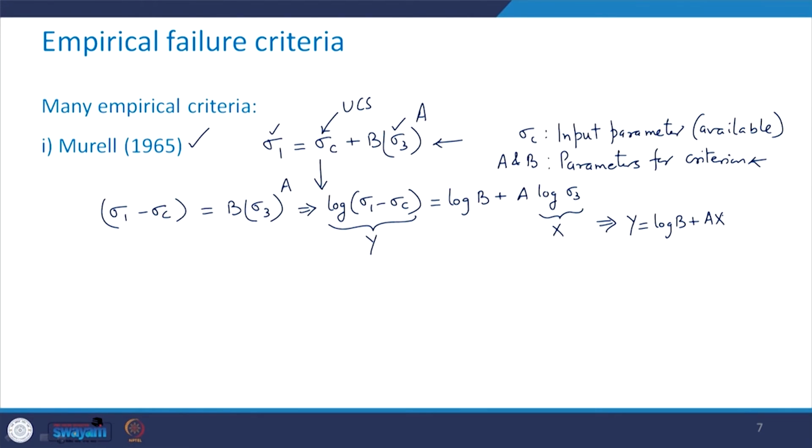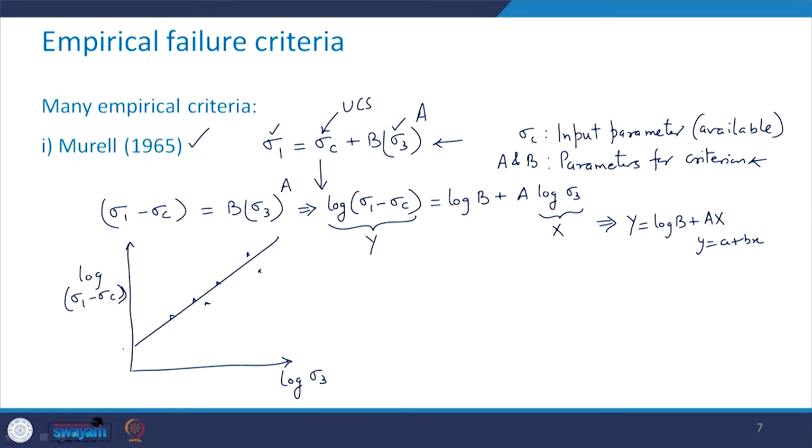If I compare it with the straight line equation that we discussed, y equal to a plus bx, and plot the experimental data in this space, with log of sigma 3 on the x axis and log of (sigma 1 minus sigma c) on the y axis, and fit a straight line to these points, the intercept is going to give me log of b, and the slope will give me the parameter a.